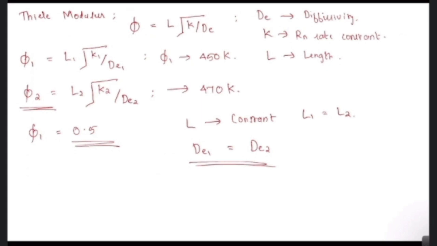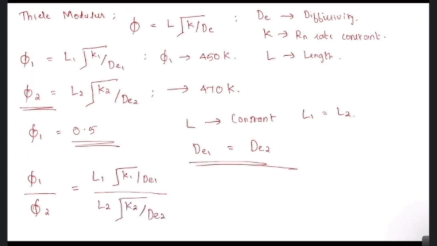So if we write phi 1 by phi 2, on the right hand side we will get L1 root of k1 by De1 by L2 root of k2 by De2. Because L1 is equal to L2, we can cancel out L1 and L2.